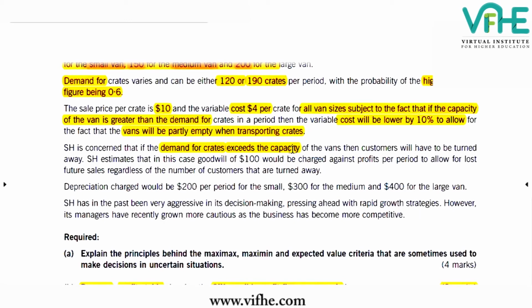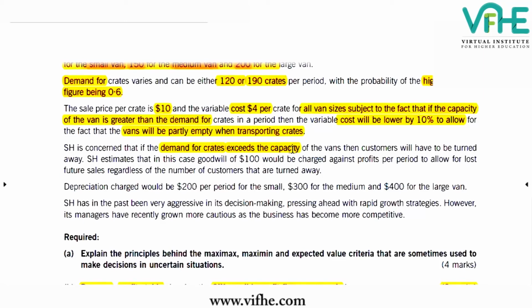And it could be like this as well. For example, 190 people came, and 100 is the van size. So how many have to be turned away? 90 have to be turned away because the company can only accommodate 100 people.